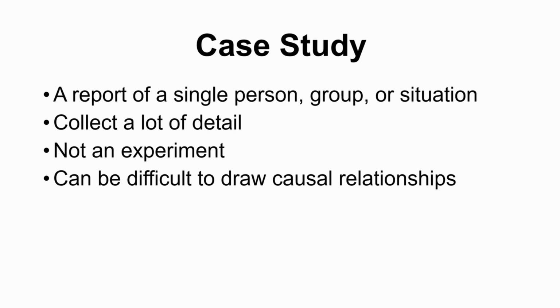We can't make big picture statements because we can only be sure that this is how this works for this individual or this situation. So we get a lot of information, a lot of detail, but because it's not an experiment, we haven't been able to control for things, we can't be certain about what's driving that finding.